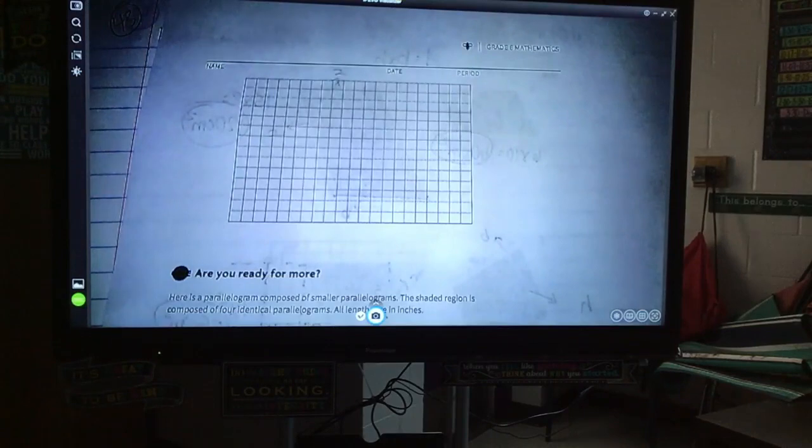What two numbers multiplied together gives you 20? Raise your hand, just those that were confused. 5 times 4. So Haley, can you use those two numbers to guide you to draw a parallelogram? That's the first thing I'm going to do.